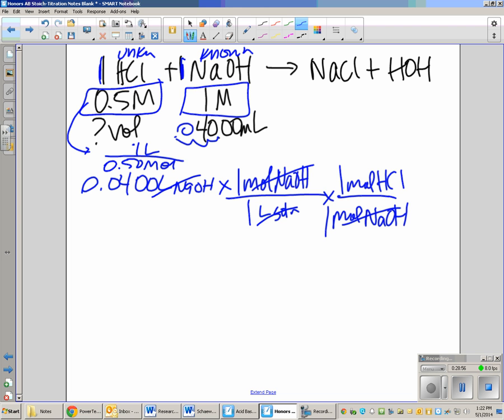So that 0.5 moles is going to go down here. Why am I putting it on the bottom anyway? So you can cancel out moles of HCl. It's 0.5, sorry. Thank you, because I would have calculated it wrong too. 0.50 moles of HCl, and then 1 liter on top.